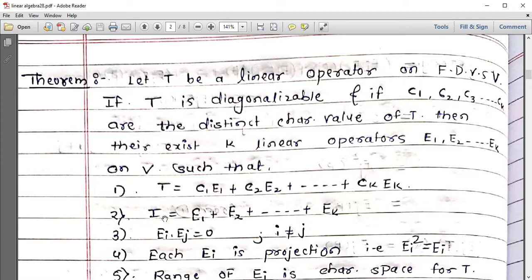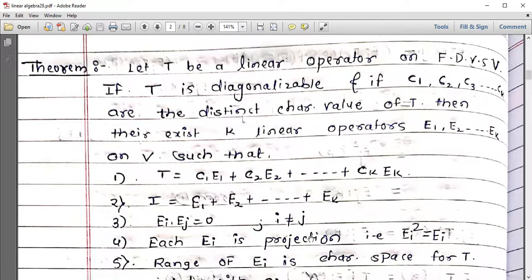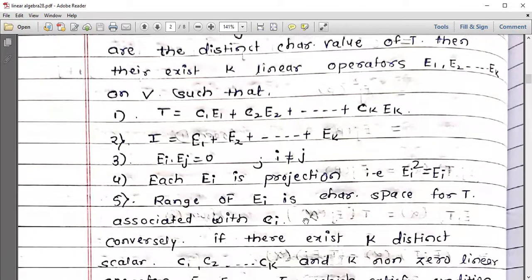Second condition, I is equal to E1 plus E2 plus up to Ek. Third condition, Ei Ej is equal to 0 where i is not equal to j.